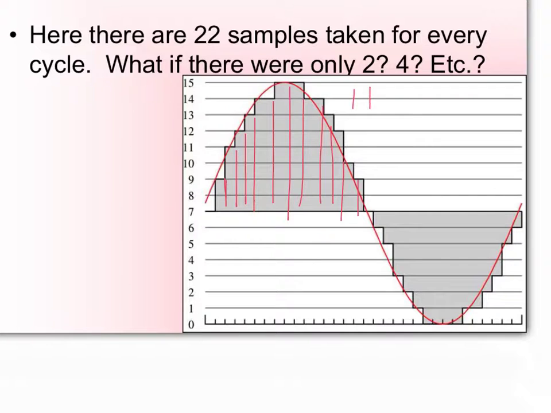So you have 11 here, you have 11 here. Okay, so the sample rate is basically 22 times the frequency, so that's good. And you can see that you get the general shape. And in this we're using 0 to 15.